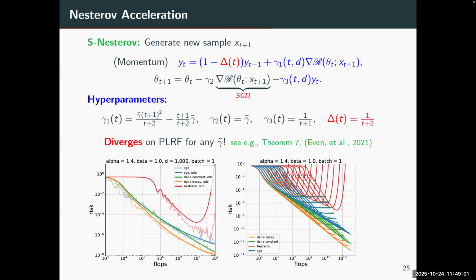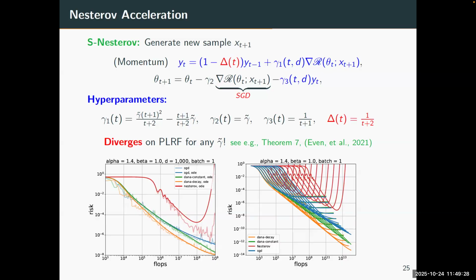So what you're really doing here is putting a constant here, which is gamma tilde, and a constant here, which is gamma tilde. Okay, so why is this a problem? This is a problem because you're in the stochastic setting, and so this has a noise, but it's a very different noise than what the YT is accumulating here. And you only get one parameter, gamma tilde, to fix both of them.